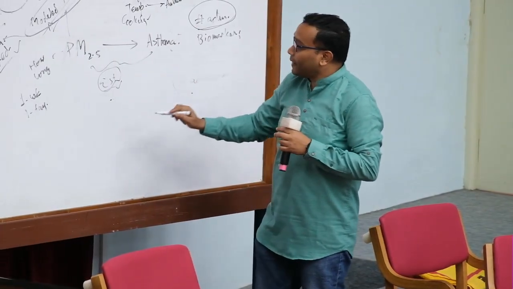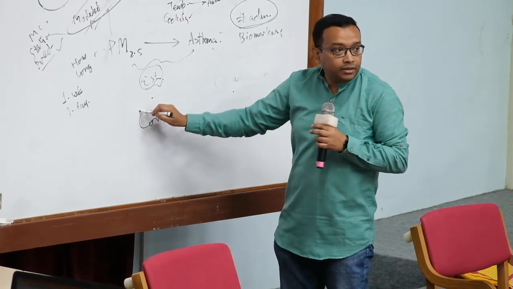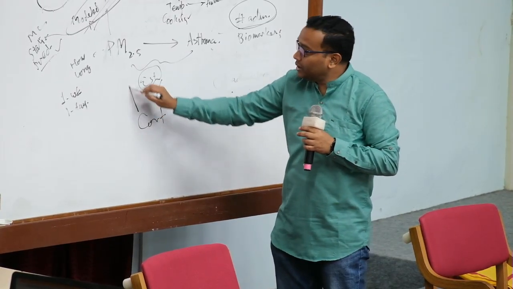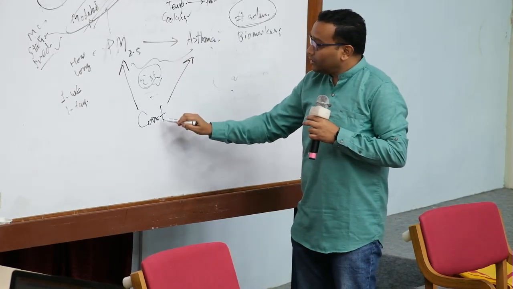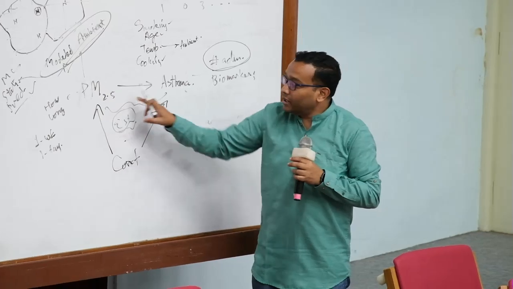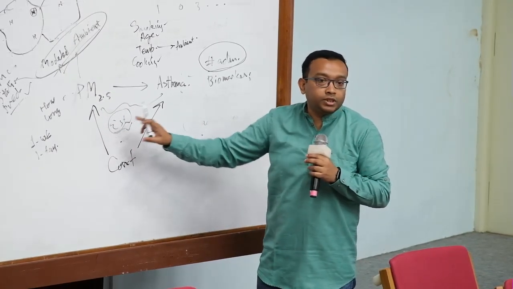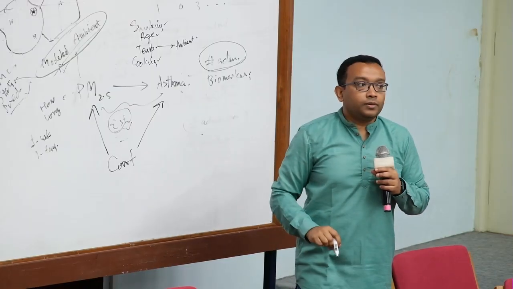If you have done a DAG, or a directed acyclic graph, it's basically a simple diagram of the causal structure. So for confounders, there are arrows going from the confounder to the exposure and the outcome. Why does it have to be an arrow?